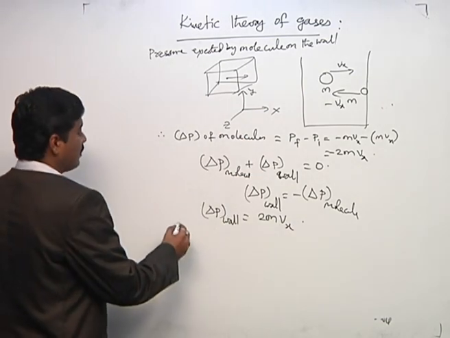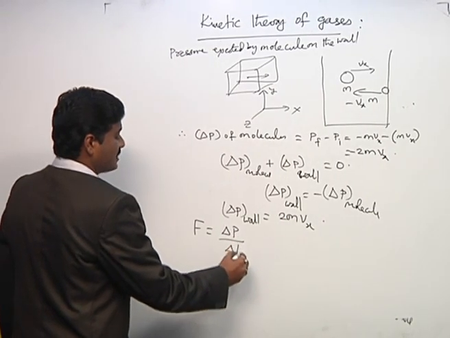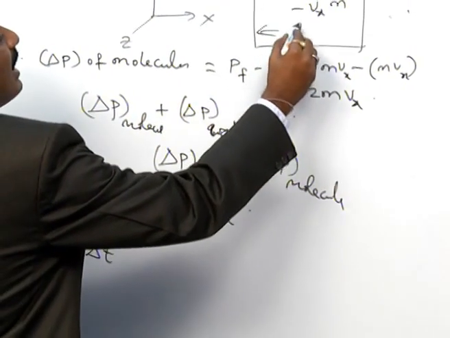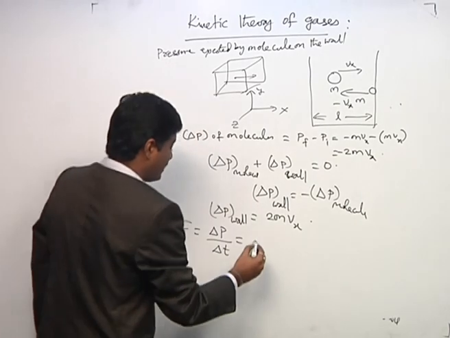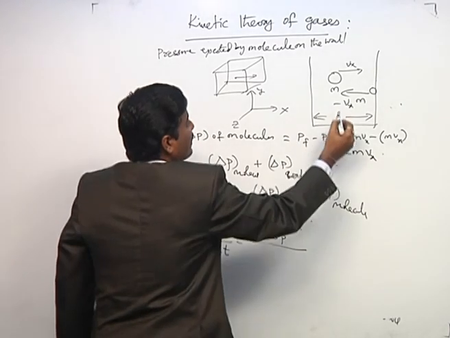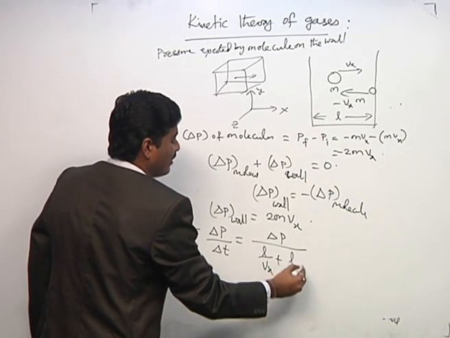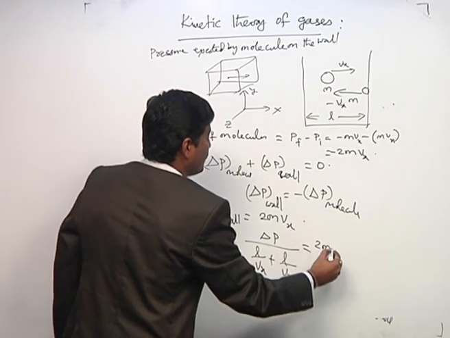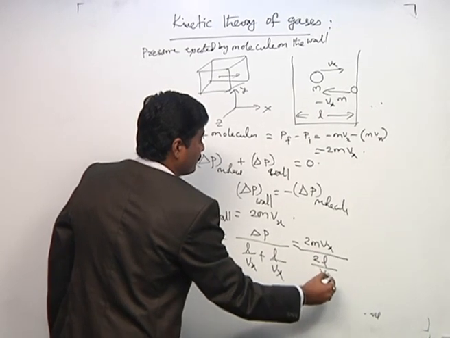According to Newton's second law, force is equal to the change in momentum with respect to time. Let the length of this vessel be L. For moving toward this wall, the time taken is L by Vx, and returning takes the same time, L by Vx. So force is delta P by time, which is 2mVx divided by 2L by Vx.